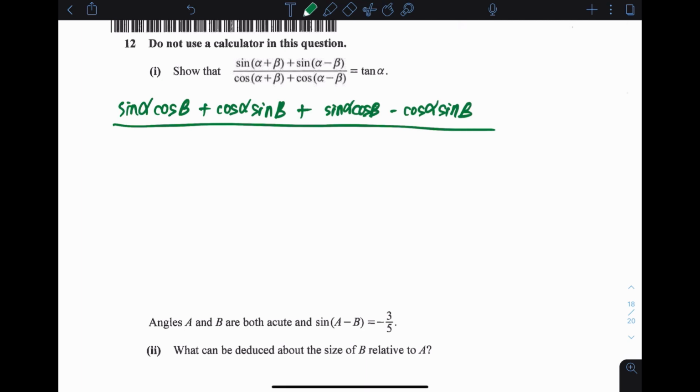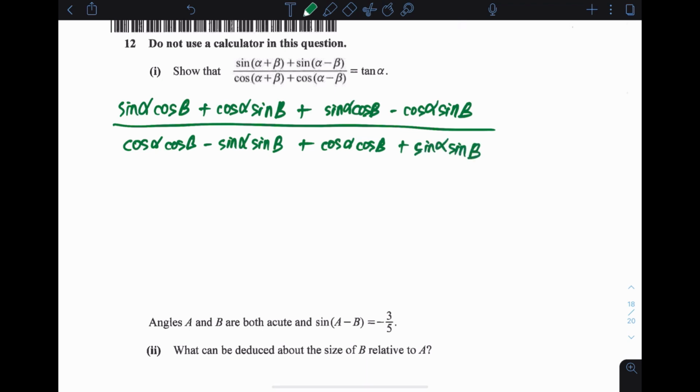Whole thing divided by cosine alpha cosine beta minus sine alpha sine beta. Likewise, cosine alpha cosine beta plus sine alpha sine beta.